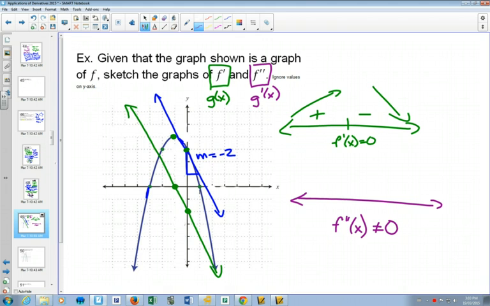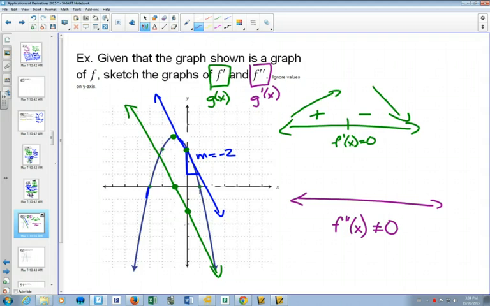From this straight line, if I use that one, it has no maximums, no minimums, no inflection points. In fact, if it is a straight line, the tangents are always equal because they're exactly what this slope is. And in this case, it looks like all my slopes, which we counted to be, if we go over 1 down 2, all my slopes appear to be negative 2.